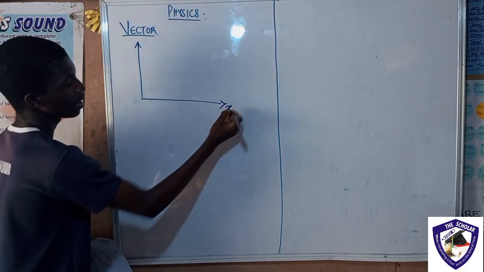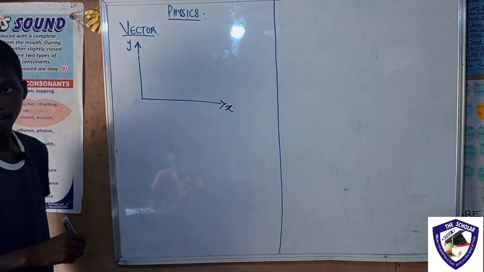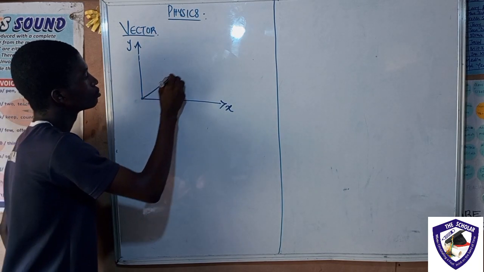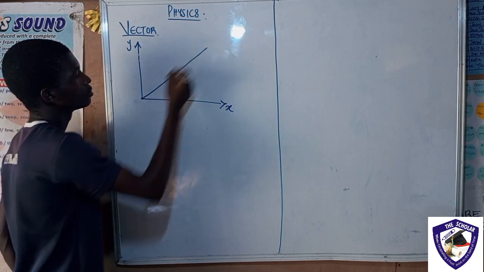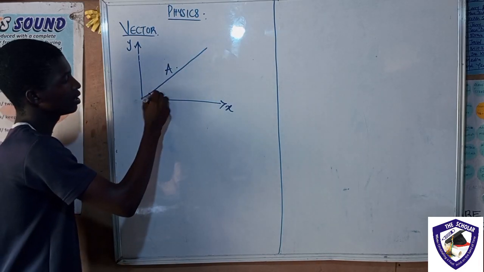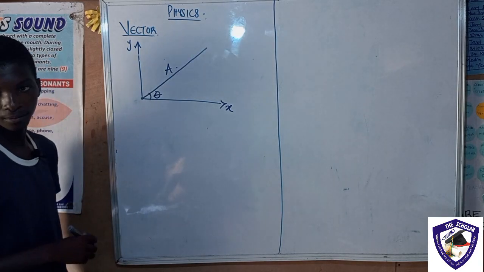I call this my x. I have this here to be y. Having an angle, my angle here, theta. This line here, I have it to be A.